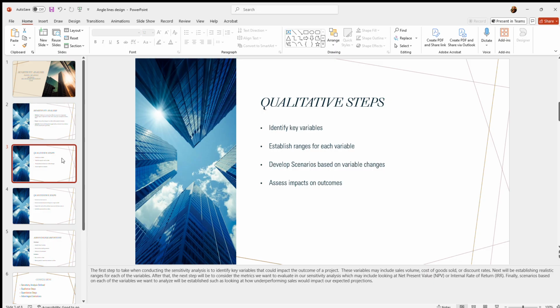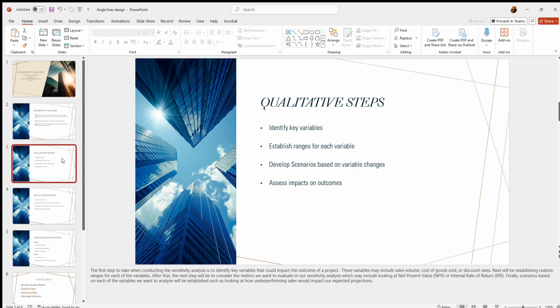Next, we'll be establishing realistic ranges for each of these variables. After that, we'll consider the metrics we want to evaluate in our sensitivity analysis, which may include looking at the net present value, or NPV, and internal rate of return, IRR.